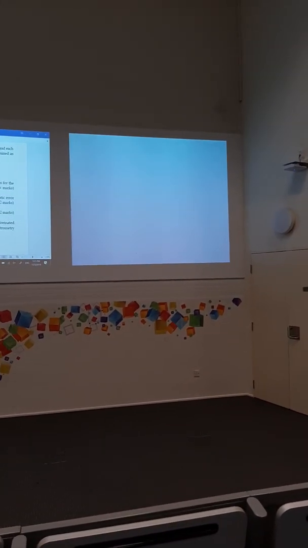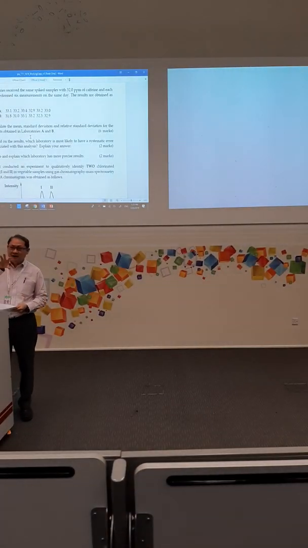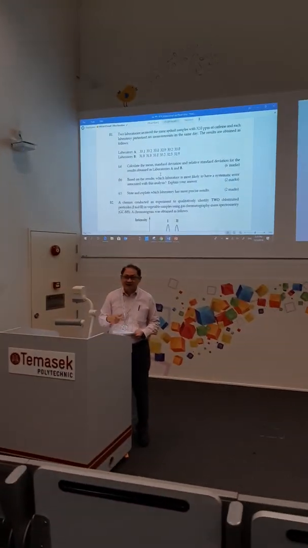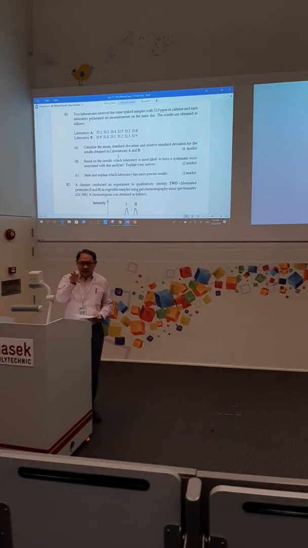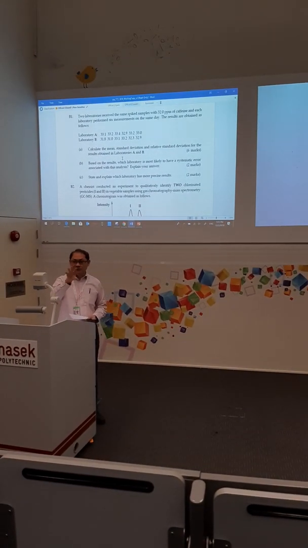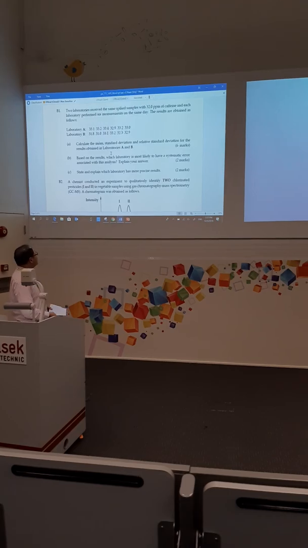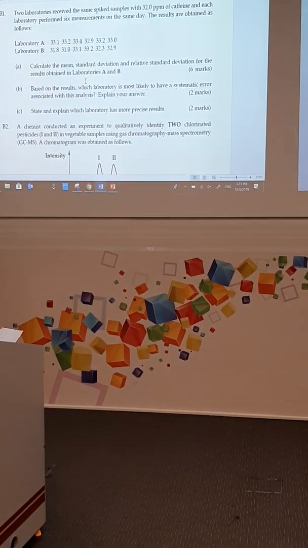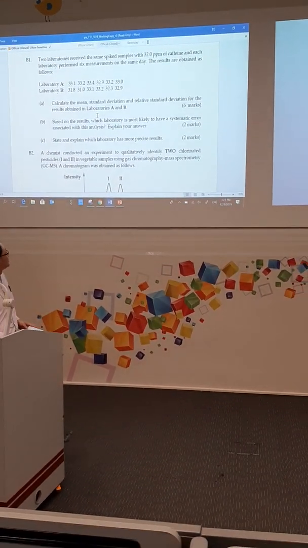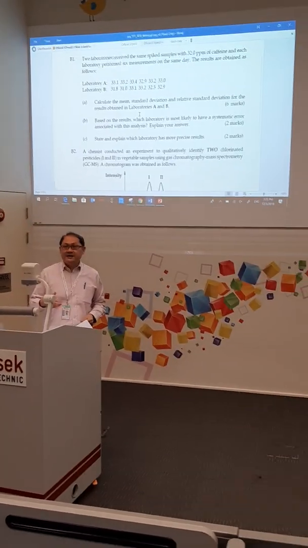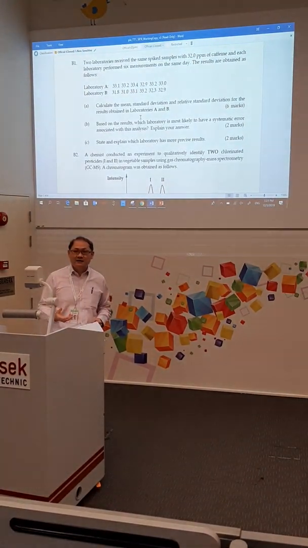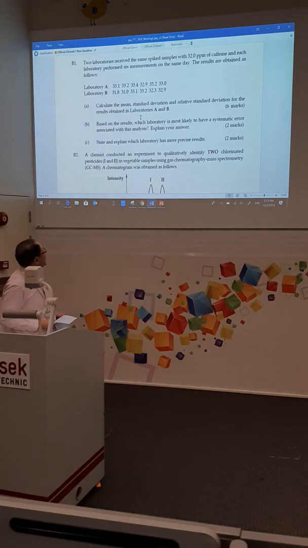So that is B1A. But importantly, for question B, based on our statistical analysis and the lab observation, I mean the original data points and original results, can you comment which lab most likely has a systematic error?